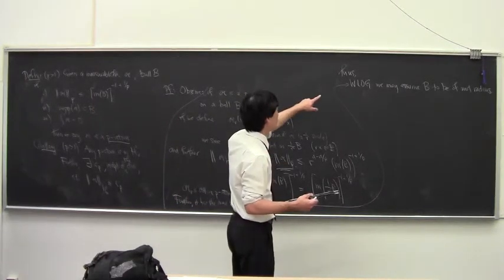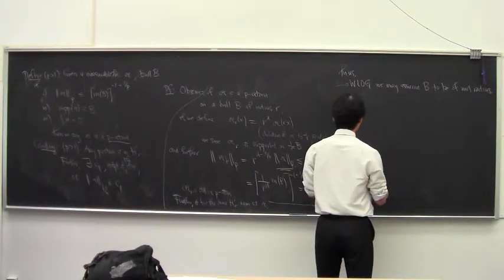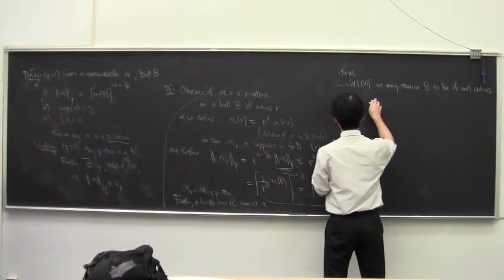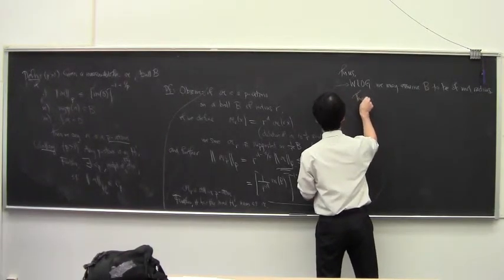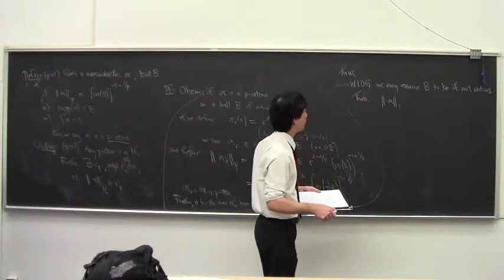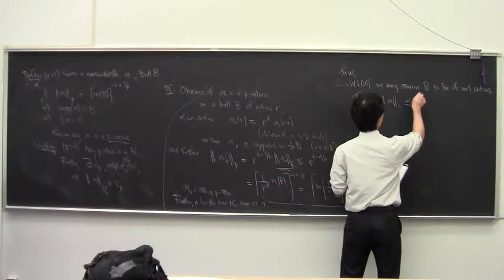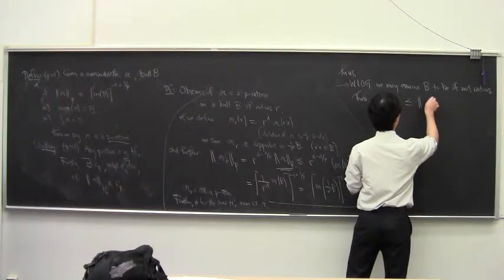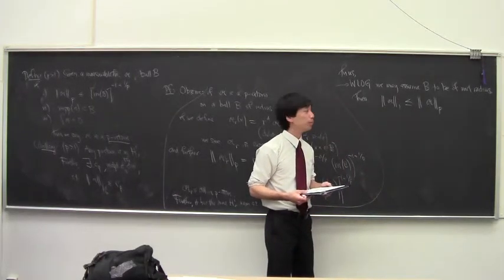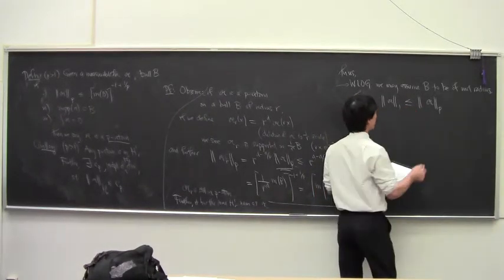Anyway, so without loss of generality, we assume B to be of unit radius. But then notice that if we look at the L1 norm of A, that is controlled by the Lp norm of A, by Hölder's inequality, times some constant, where the constant is 1.